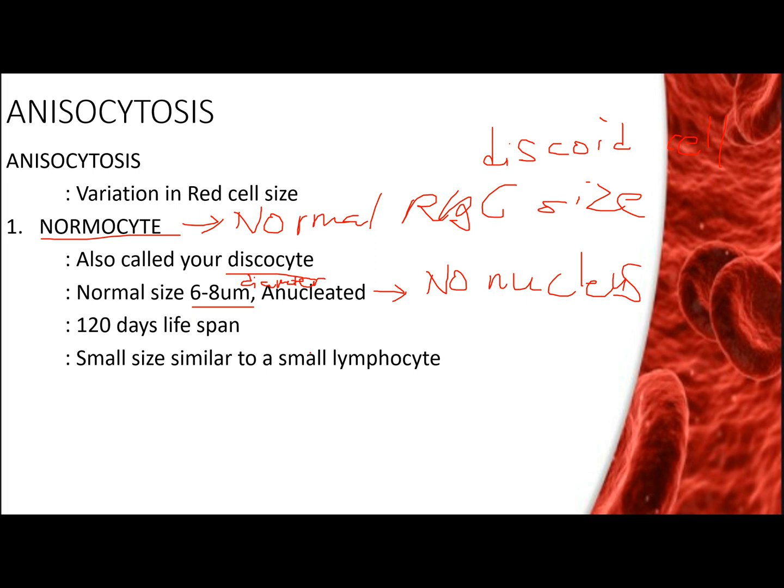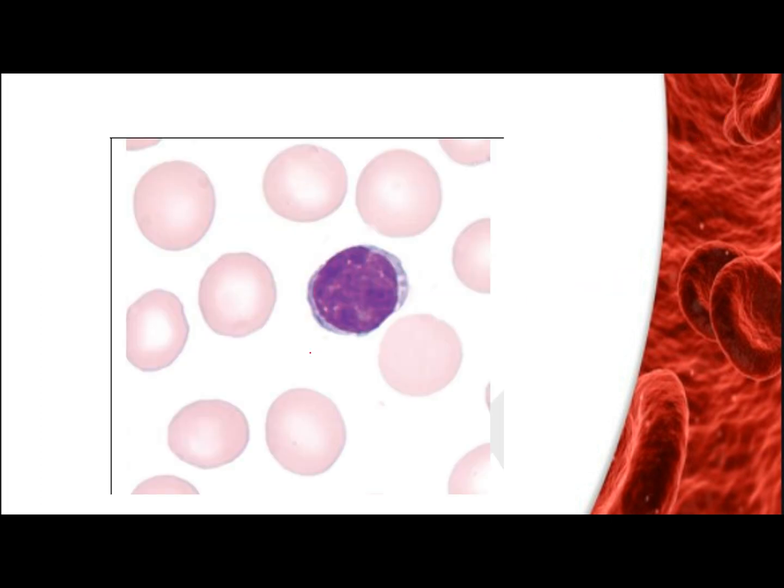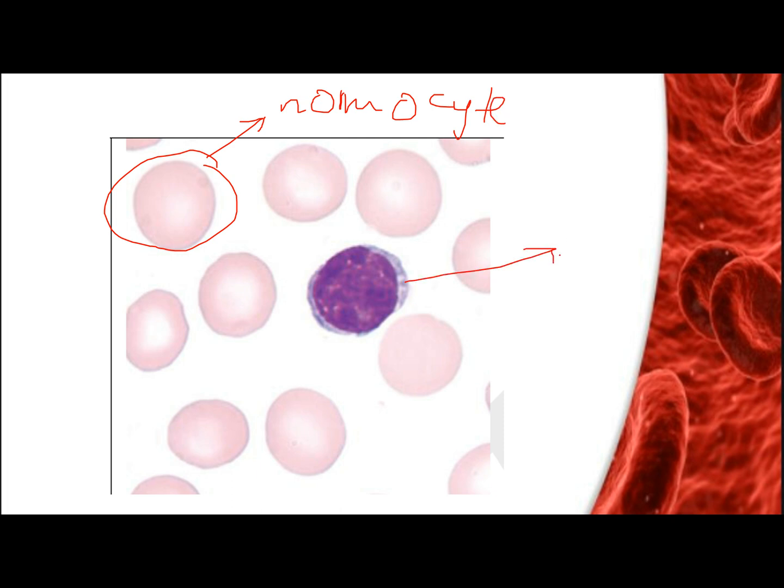Okay, let's continue. So this is the appearance, class, of your normocyte. Anong WBC to, class?